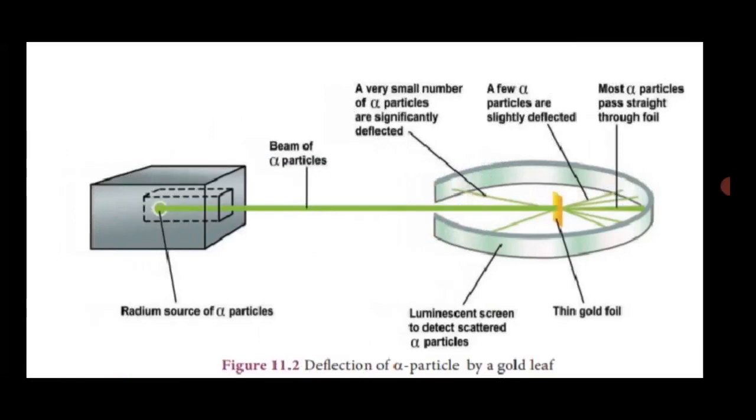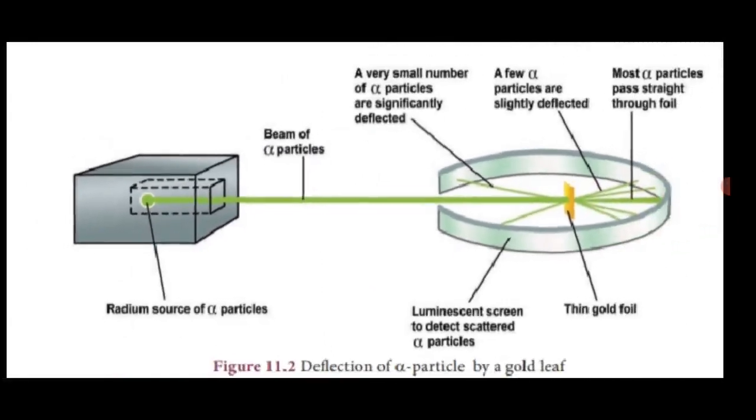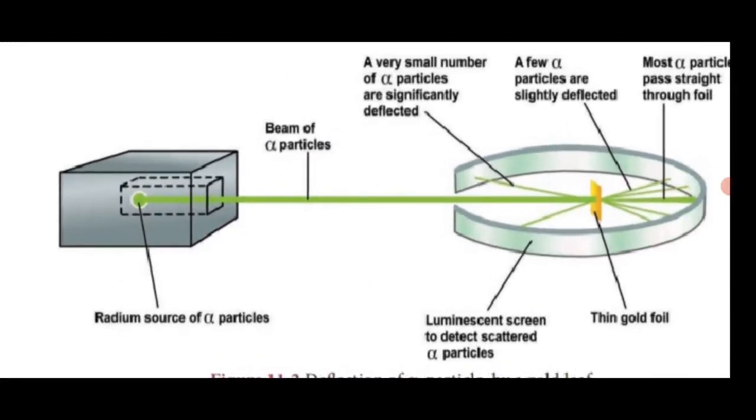See this picture. This is the source of alpha particles. The beam of alpha particles passes through the thin gold foil. Most of the alpha particles pass through in a straight line. Some of the alpha particles are only slightly deflected from the straight path.